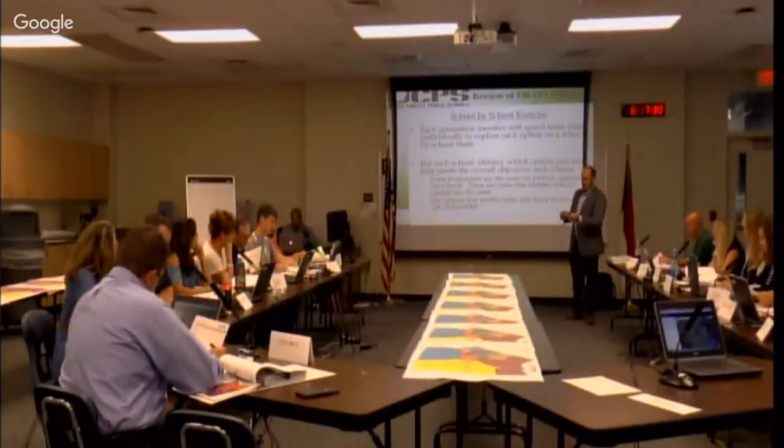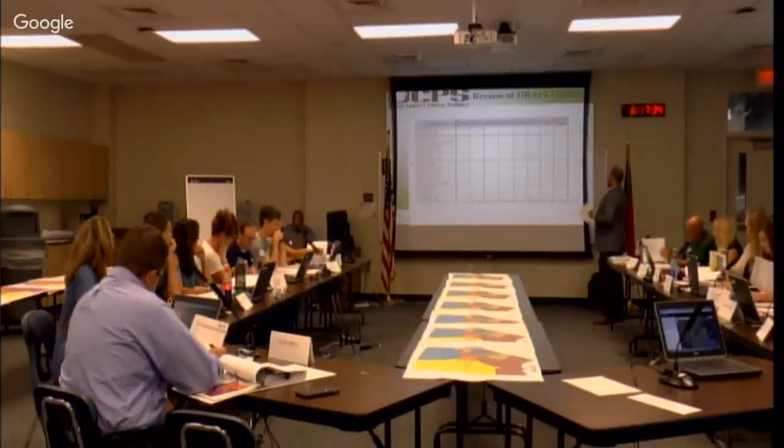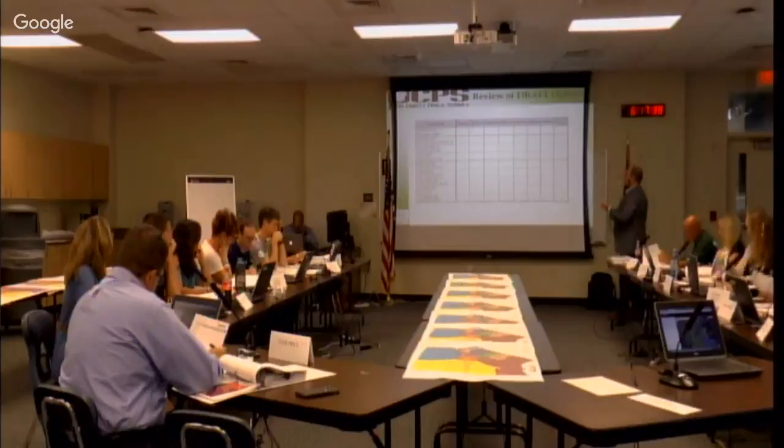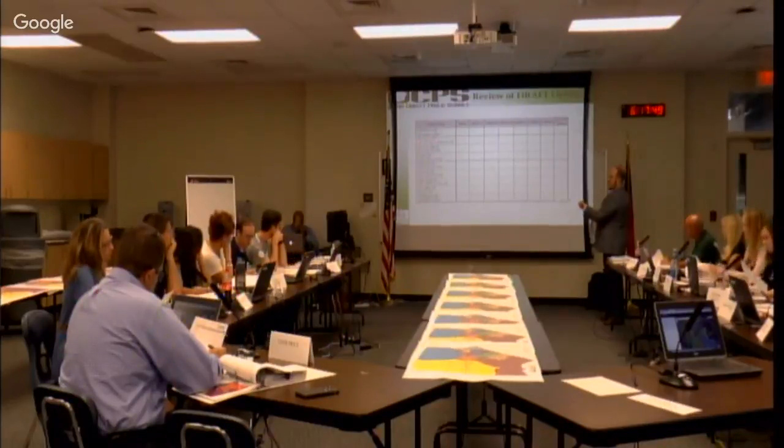You'll notice on the sheet I have in parentheses where the options are actually the same. So what you see here, O1 equals O2A, O2B. This means that options 1, 2A, and 2B are the same boundary for East Union Middle.